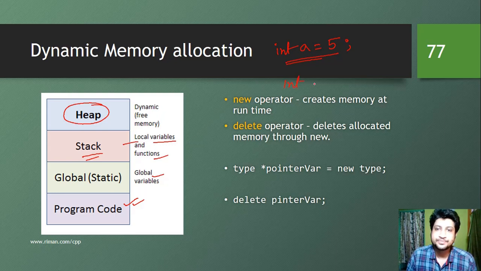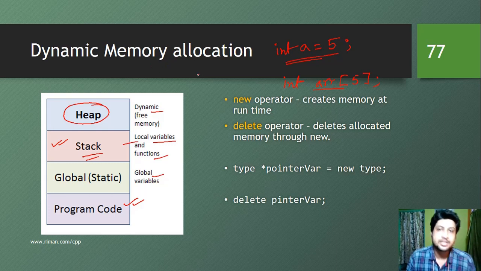Similarly, int suppose ARR 5. This also is a static declaration where the location where this ARR array will be located is decided at the time of compilation, and all these variables are residing in this particular stack.